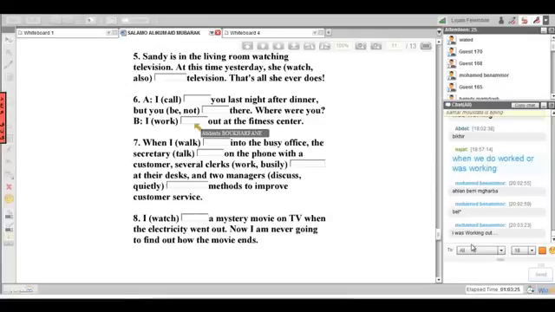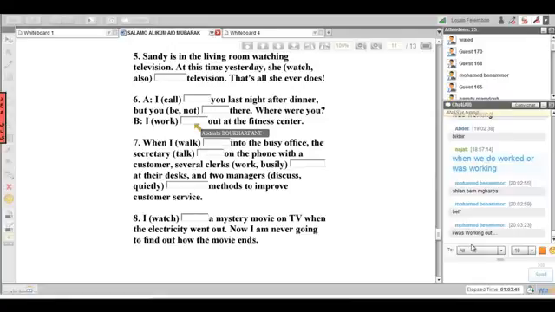The fifth one. Sunday or Sanji is in the living room watching television. At this time yesterday, she watched also television. So Sanji is now in the living room watching television.